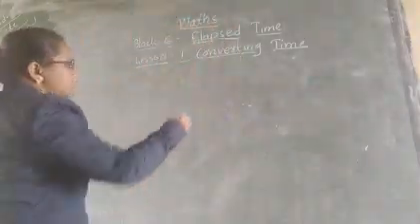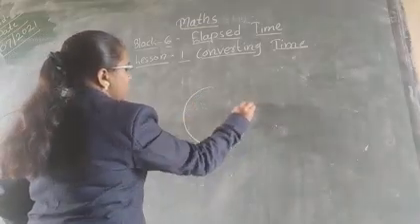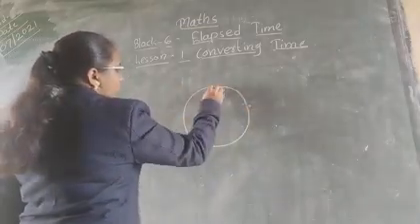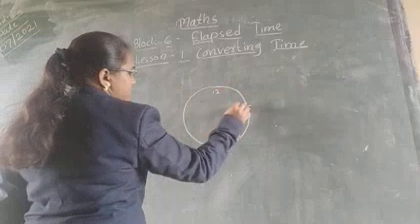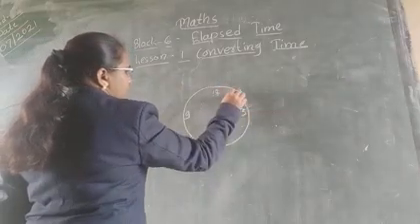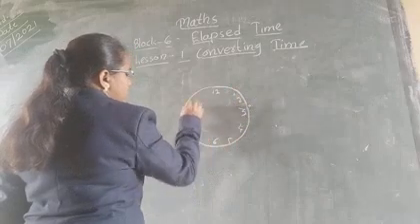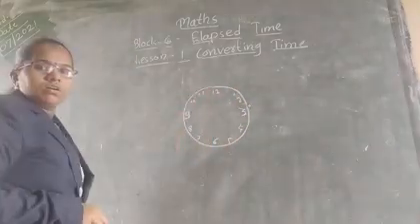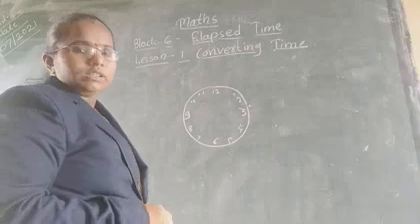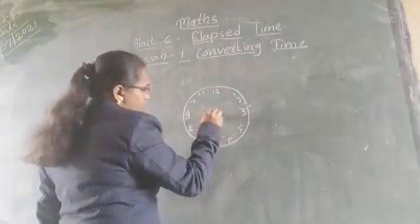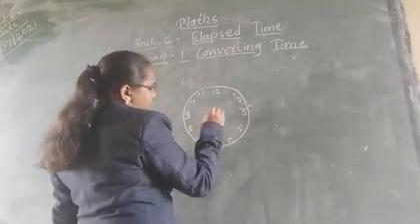Suppose this is a wall clock, with 12, 6, 3, 9, and 1, 2, 4, 5, 7, 8, 10 and 11. On this wall clock there are two hands present.